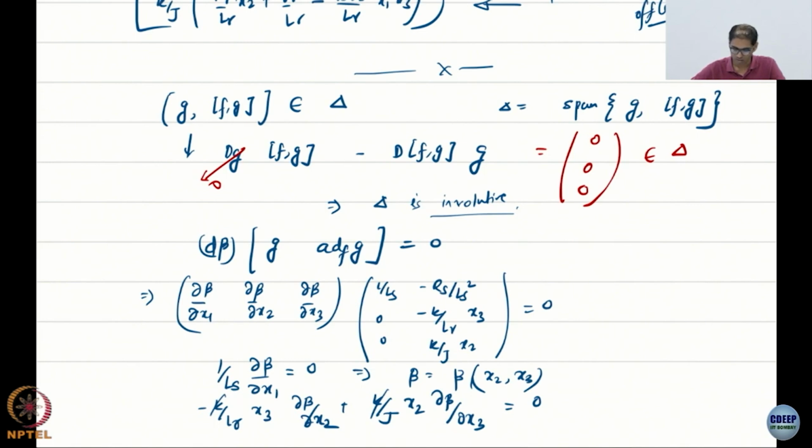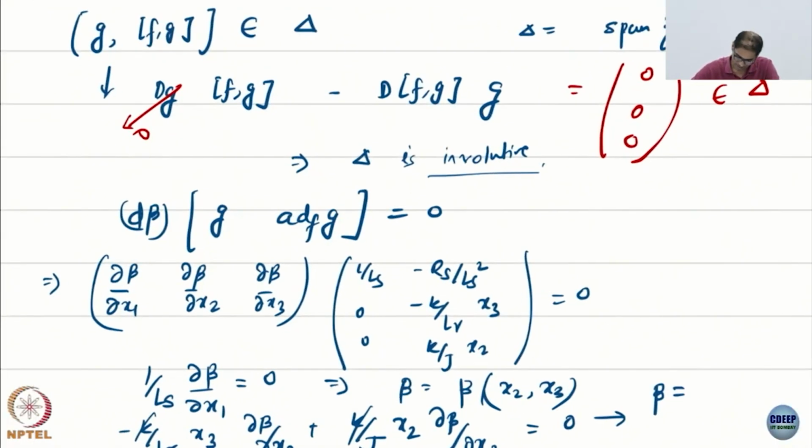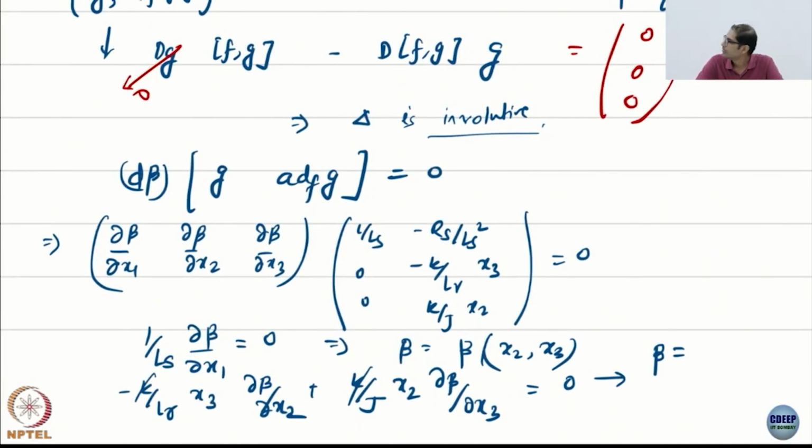How do I go forward now? You can guess, I guess. What do you think beta should be? I will make this bigger if you do not see it well enough. See, it is very symmetric. There is x3 partial with respect to x2, x2 partial with respect to x3.